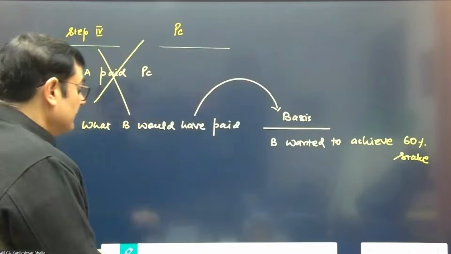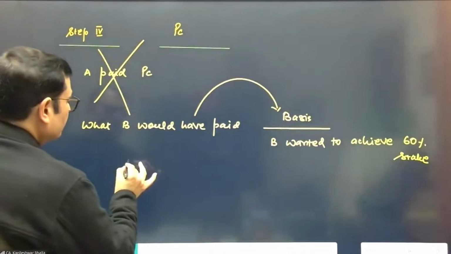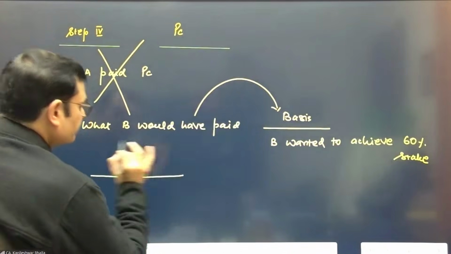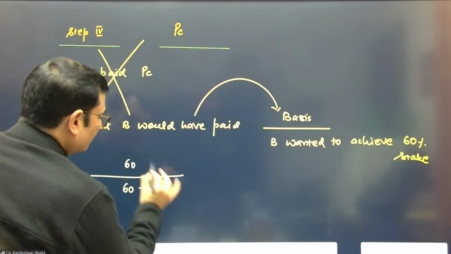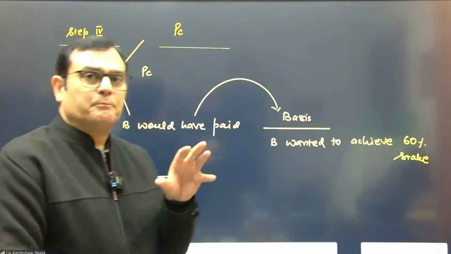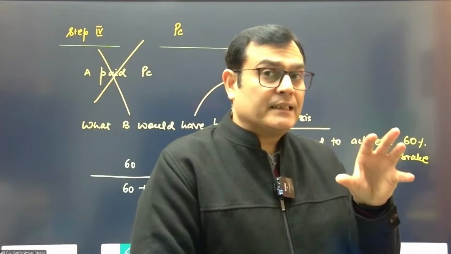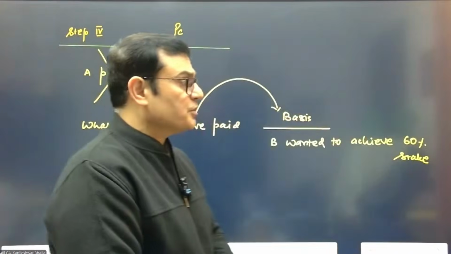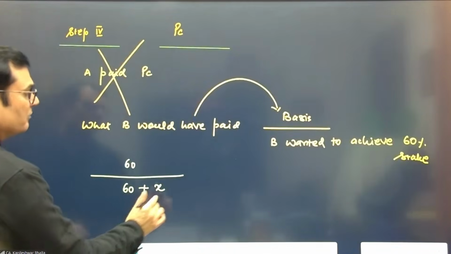Now let's look at the stake of the company B Limited. Can I say B Limited has got 60 shares and let's say he would have issued X number of shares to the shareholders of A. So we're saying that B has got 60 shares in his company and let's say he would have given X number of shares to the shareholders, then this would have been the total capital of B post-business combination.